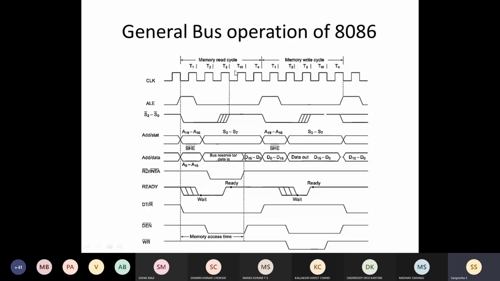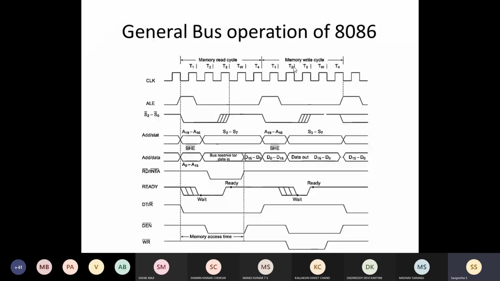For either a memory read or memory write, the first cycle is sending the address. The address is transmitted by the processor during the T1 period, for one complete cycle. In the next cycles, T2 and T3, the data transmission takes place. If some devices are not ready, you give a waiting state, which is inserted between T3 and T4.